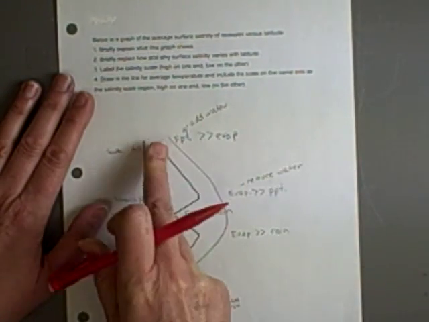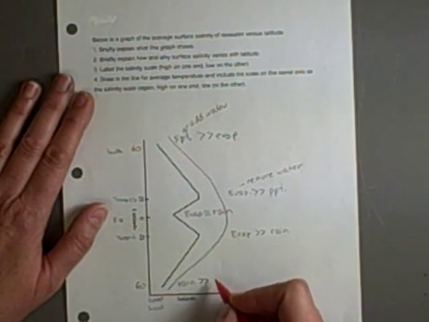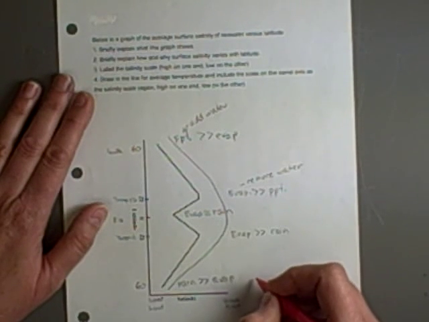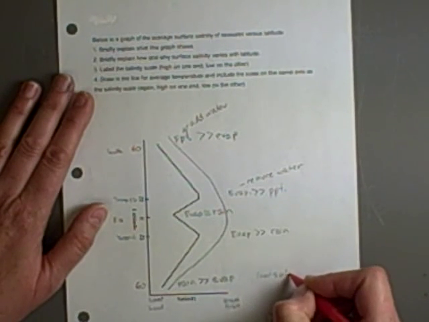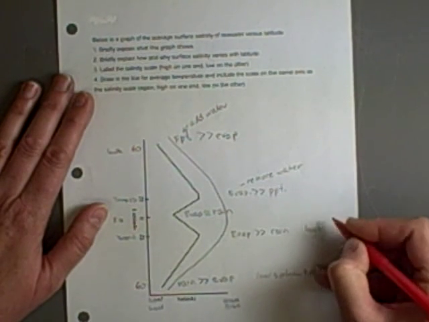This is what makes the water more fresh or less salty, and removing water molecules is what makes the water saltier here. So again, right here, rainfall greatly exceeds evaporation. And what does that mean? That means low salinities. This means high salinities in the tropics.